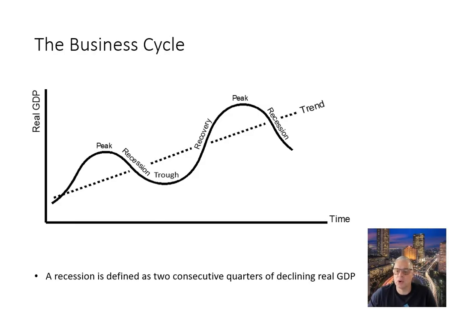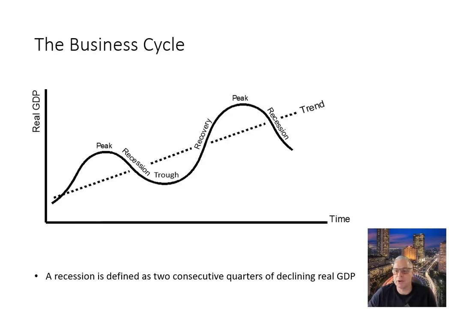And this long-term trend is associated with what we call long-run economic growth, and all those ups and downs in the short run, that is what we typically refer to as a short-run problem.